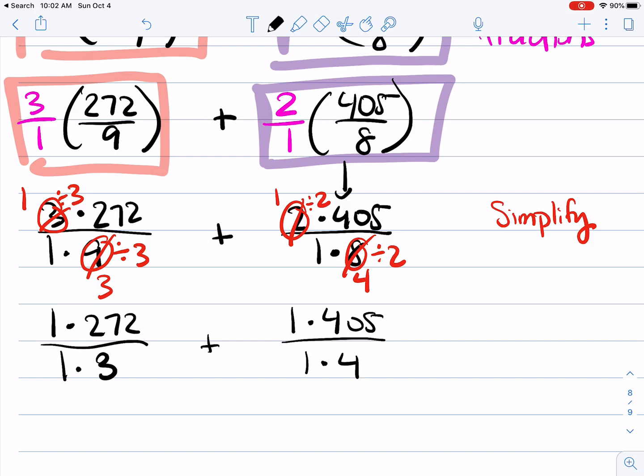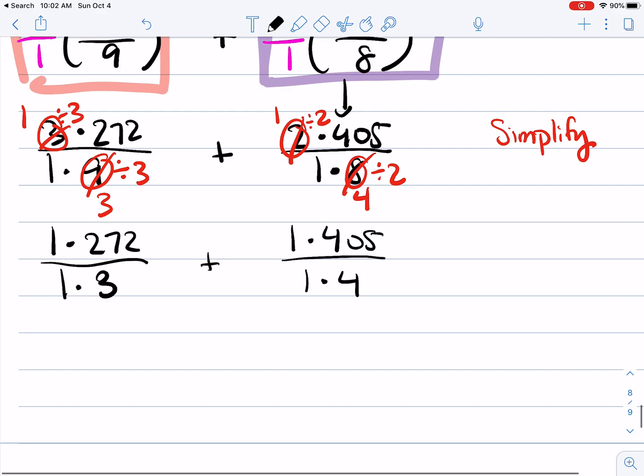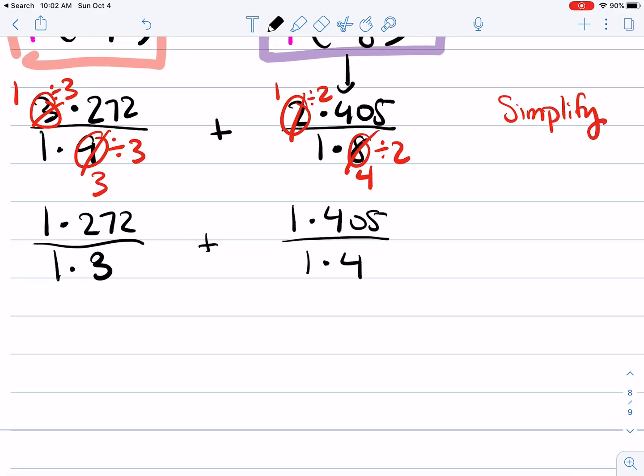Okay, now the multiplication is pretty easy. We have 1 times 272 is 272, all of that over 3. 1 times 405 is 405. 1 times 4 is 4.